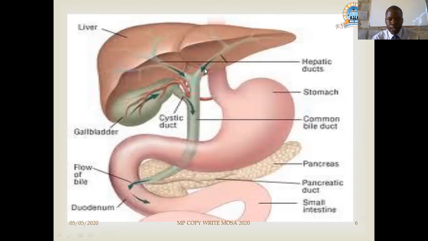There is the left hepatic duct and right hepatic duct. You can see that there are two here, coming together to join and form the common bile duct. Then this cone-shaped curved structure here is the stomach, and we also have the pancreas here. We have the pancreatic duct, the small intestines, and the duodenum here, as you can see from the diagram.